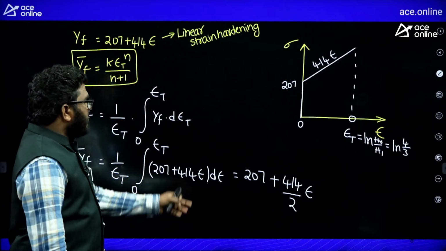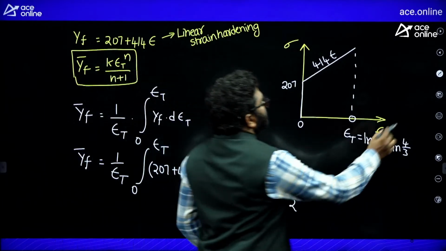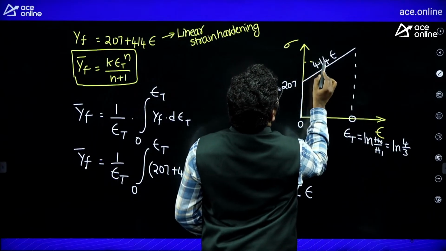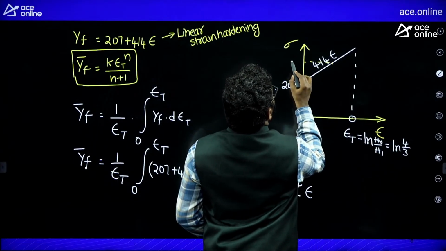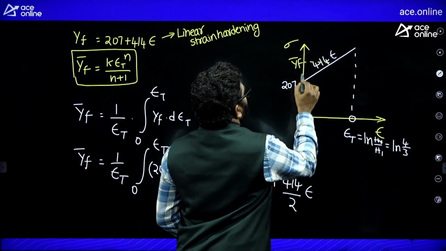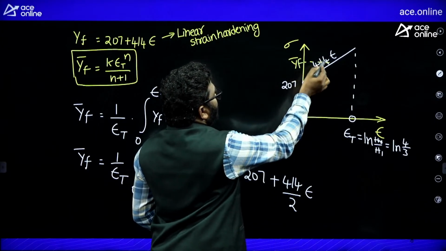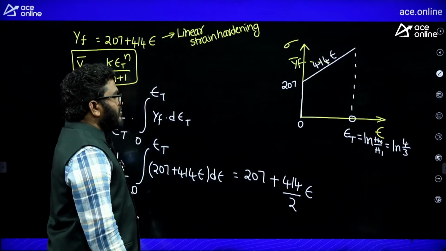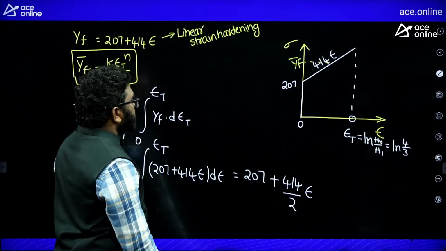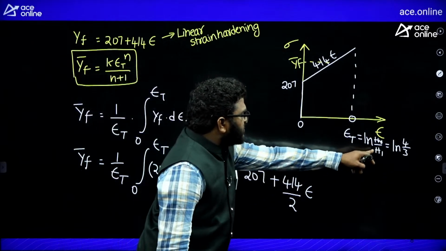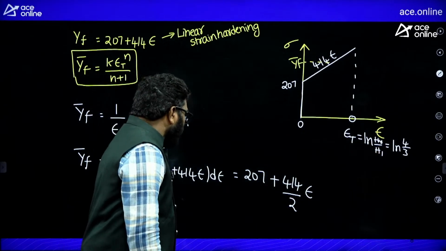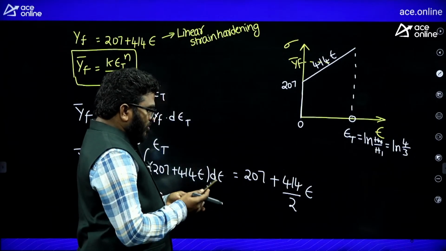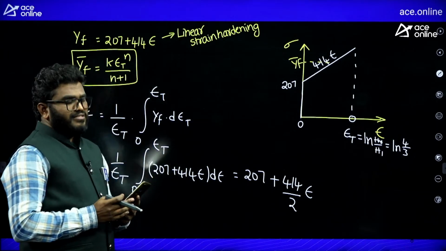Very simple here, you can also get it directly. See, remember, the average flow stress is definitely half of this. So the average flow stress is 207 plus 414 epsilon by 2. By substituting epsilon t equal to ln 4 by 3, you will get the answer.